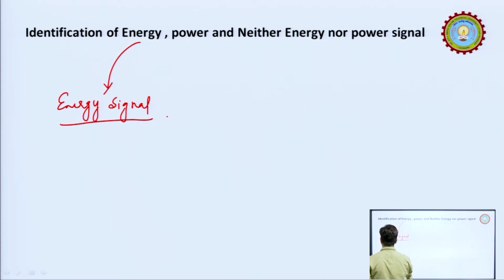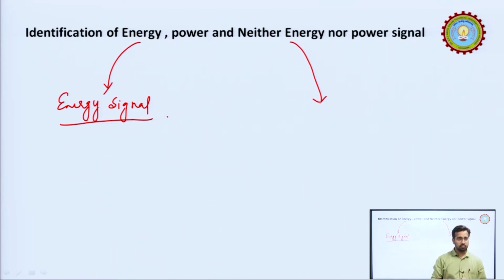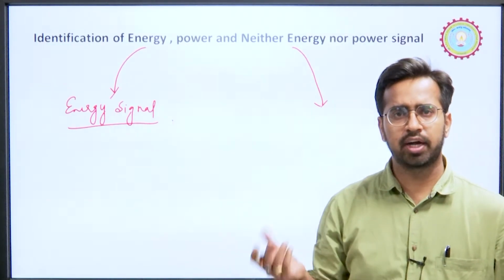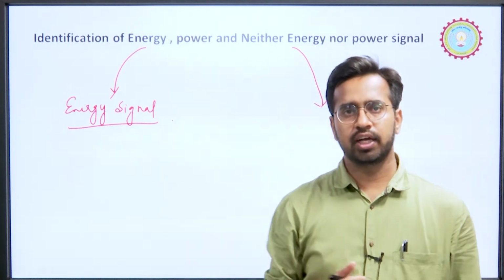First of all, if any signal has infinite amplitude in any duration of time or at any instant of time in a given waveform, then we can say that the signal is neither energy nor power signal. So the very easiest way to identify neither energy nor power signal is to see if a magnitude is infinite.